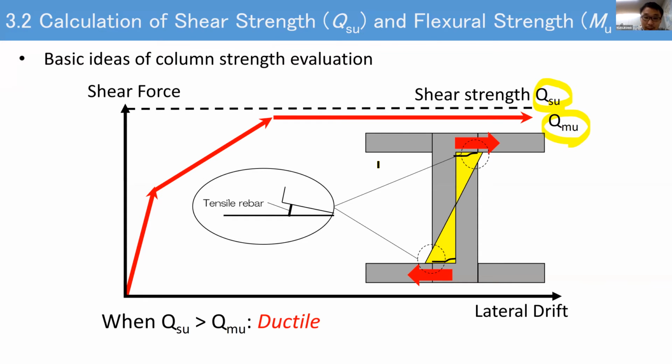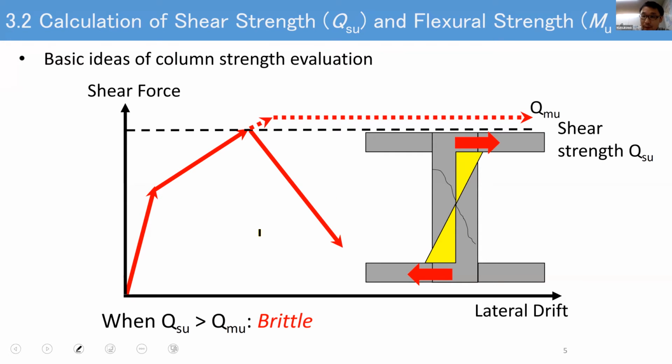I mean, very ductile because of yielding of tensile rebar. But if shear strength QSU is smaller than QMU, shear failure, which is a very brittle failure, will occur. In that case, less ductility is provided in seismic evaluation.